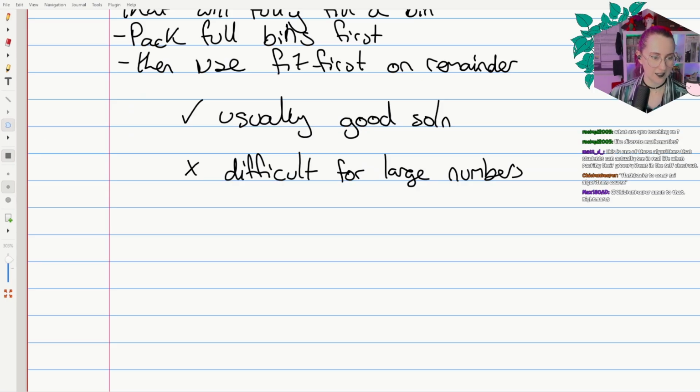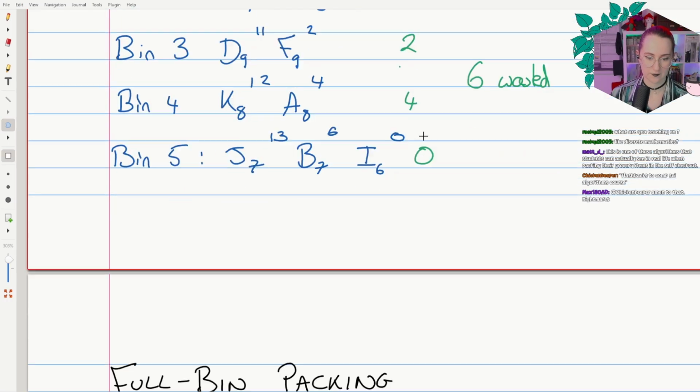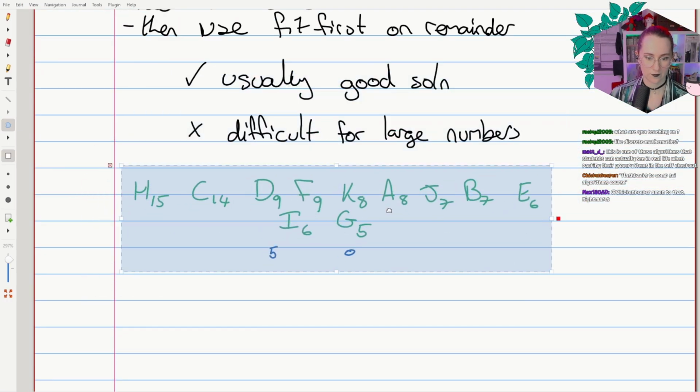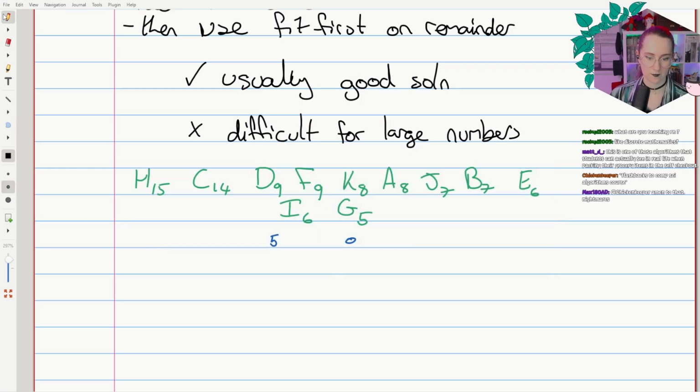So, same example again. Let's just keep using the same values. Okay. So here, the fact we've done this twice already is quite nice, but we can use that C14 and E6 are equal to 20.